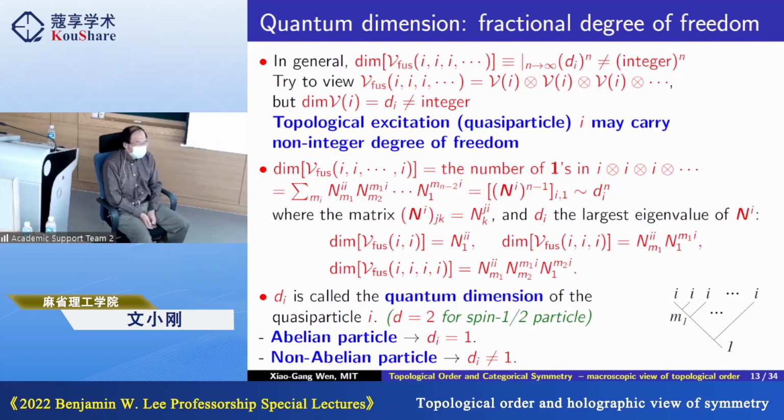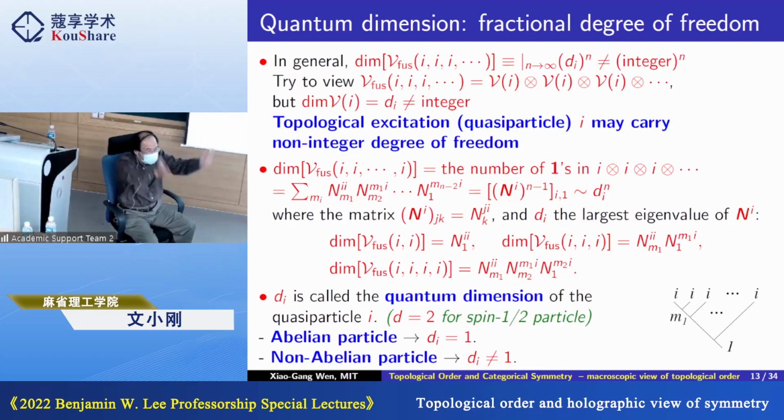So a similar question is, can this fusion ring be defined for a system where we don't have any quasi-particles? Let's answer this way. If you use the trap idea, it doesn't work.